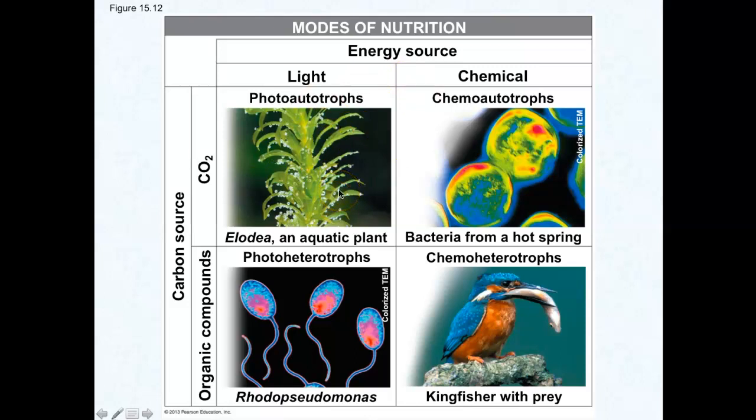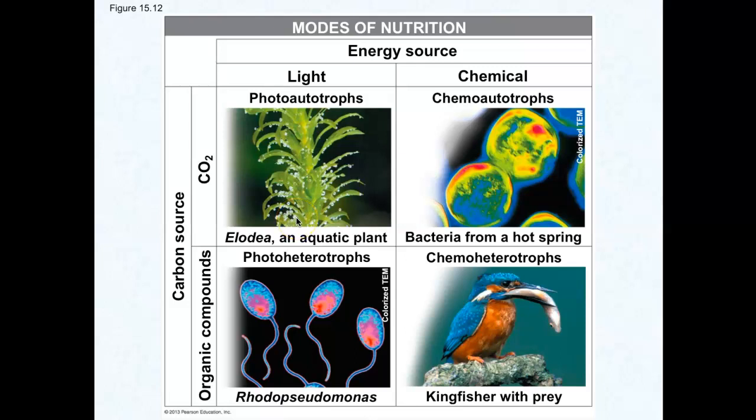Plants are autotrophs. They can take carbon dioxide and water, which are both inorganic, to make organic molecules like sugar. Heterotrophs are like us. We need to eat something. We get our organic molecules by ingesting other organic molecules, so we fall under heterotroph.